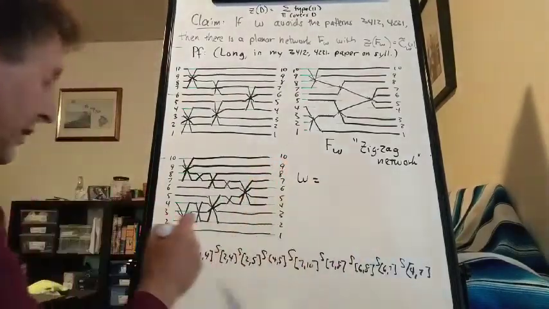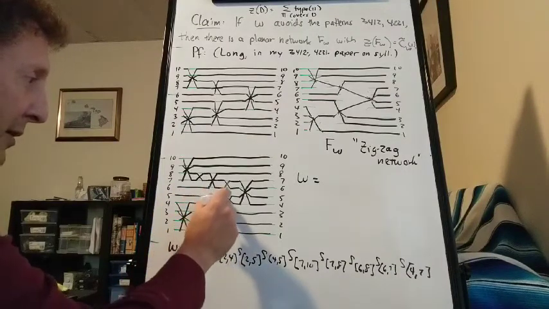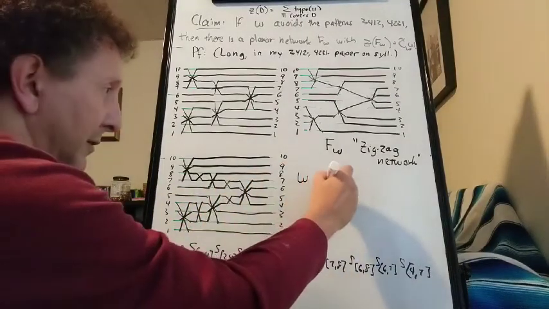W equals, so path 1 goes up here, and then down, and then up, and then down, and then up, and ends at 7.